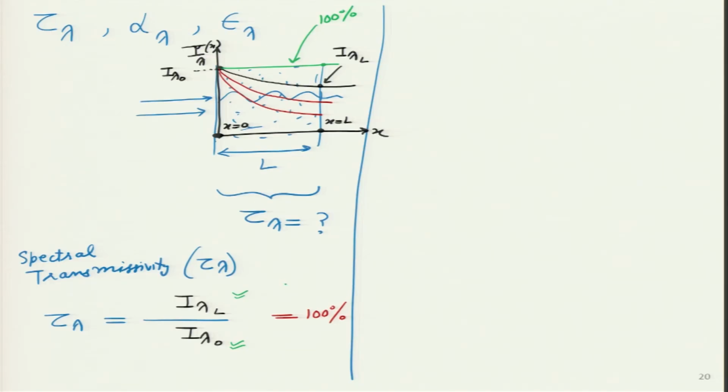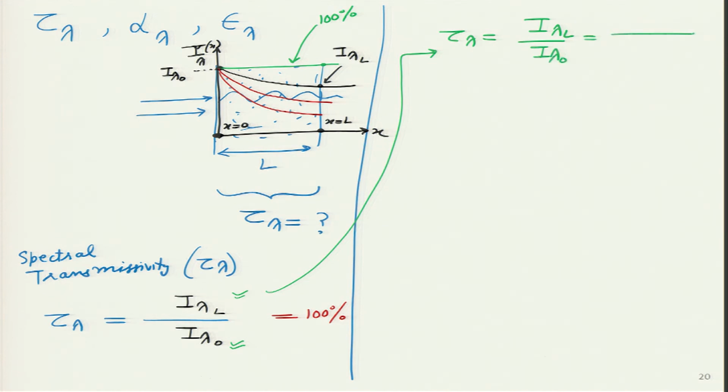So, if I write this expression from here, let me apply the Beer's law on the numerator. So, tau lambda is actually I lambda L divided by I lambda naught. What is the numerator? If I apply Beer's law, it is essentially I lambda naught e raised power minus k a lambda into x, and x in this case is L, divided by the denominator.